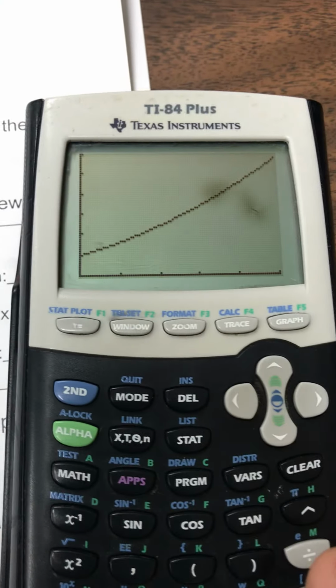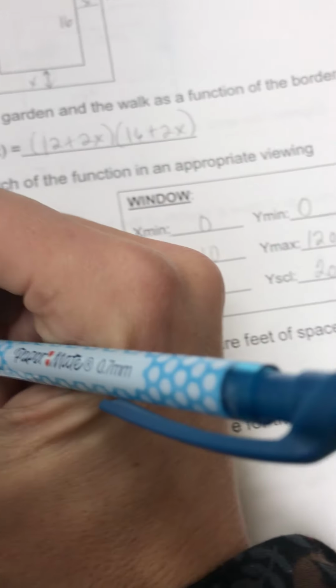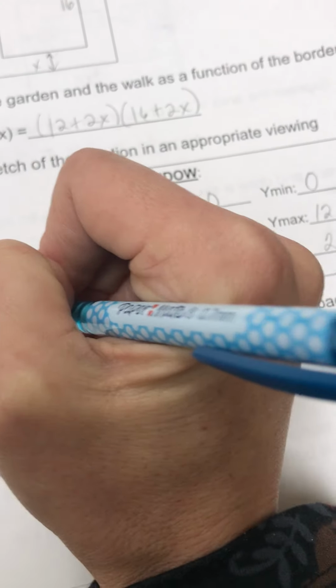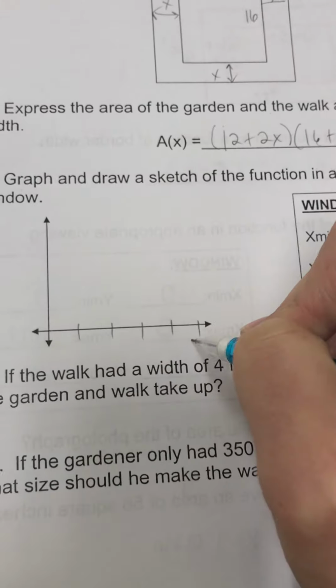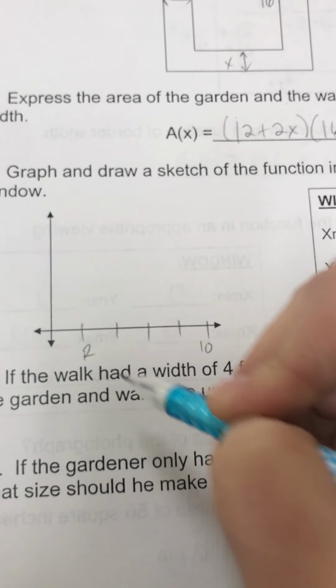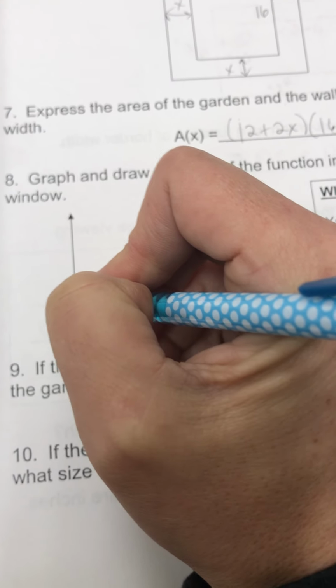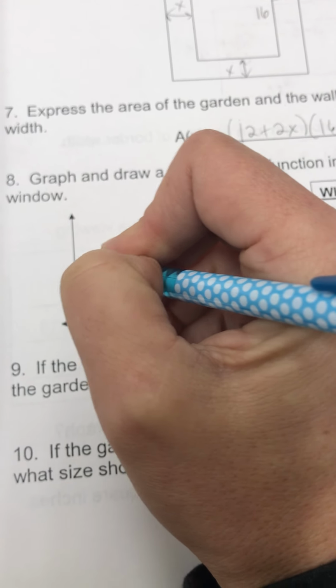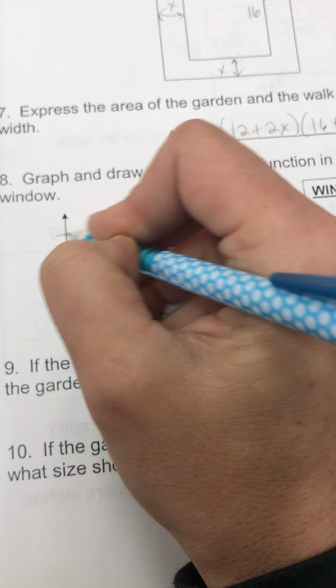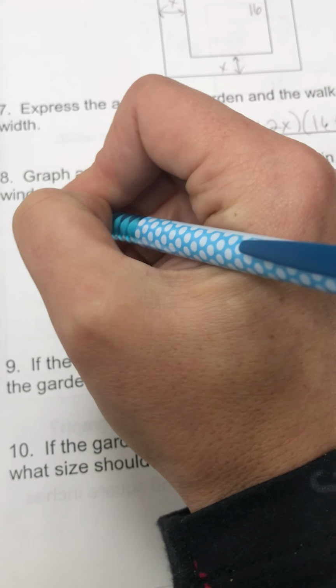So now we need to graph this on here. You're going to have 2, 4, 6, 8, 10. We're going by 2s. And now over here, you're going to 1200 by 200s. So 200, 400, 600, 800, 1000, 1200.